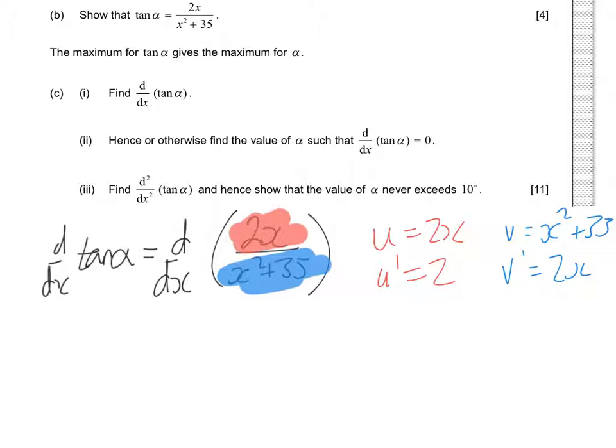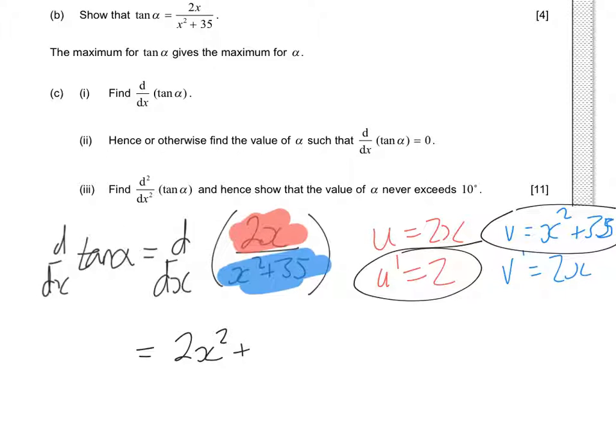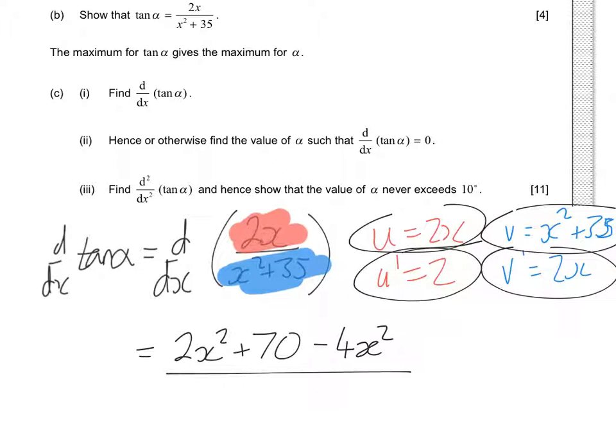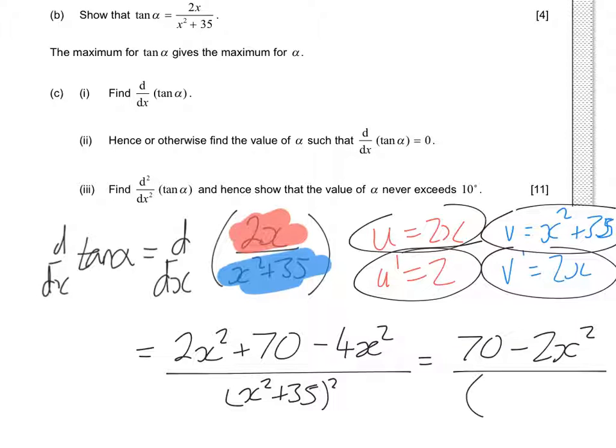I'm supposed to say 35, giving you v du by dx, two lots, so it's 2x squared plus 70, minus u dv by dx, minus 4x squared, all over v squared, x squared plus 35 squared, and that just collects to be 70 minus 2x squared over x squared plus 35 squared. That's part C, part 1.